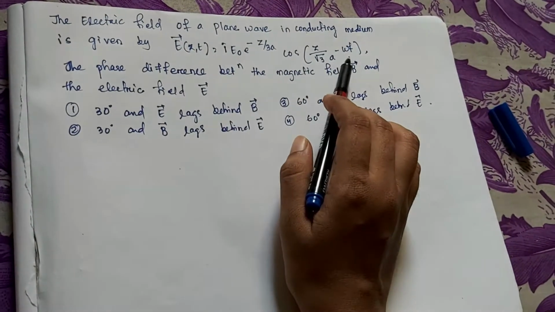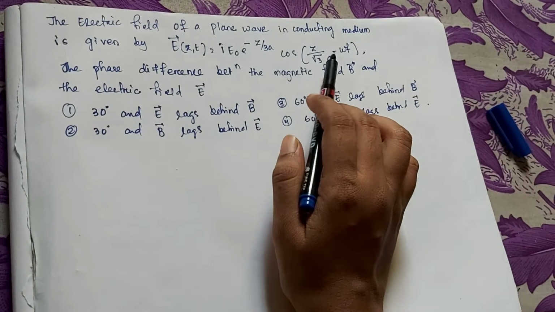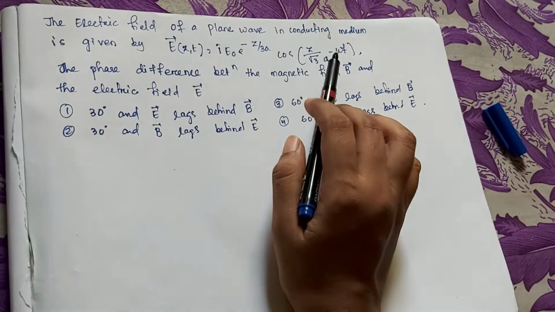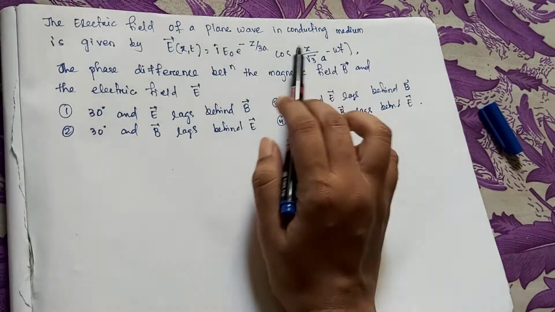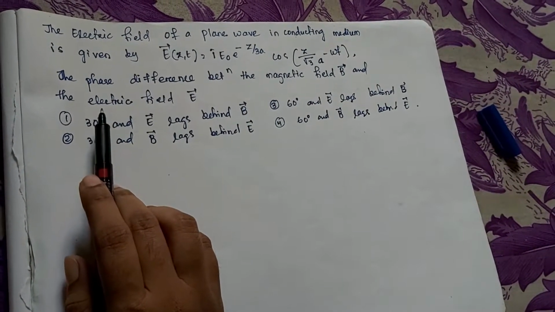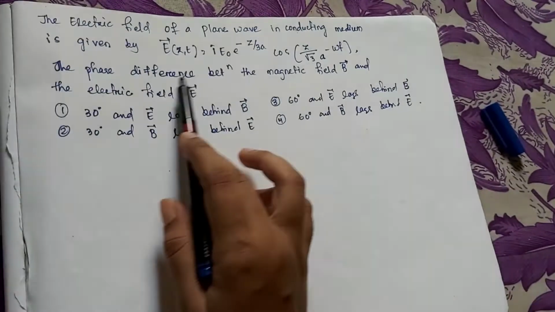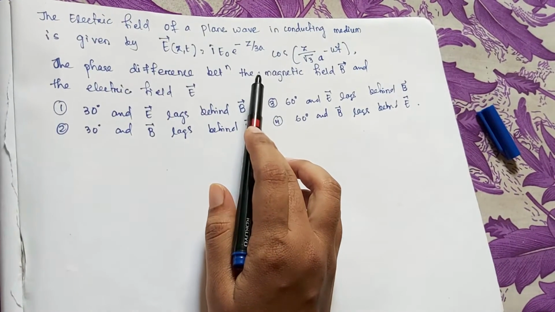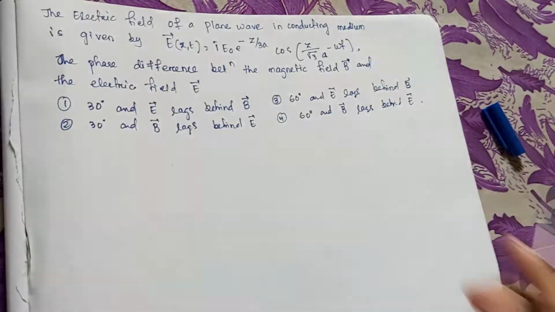This is the electric field of the plane wave, and the wave is traveling in a conducting medium. The question is to find the phase difference between the magnetic field B and the electric field E.